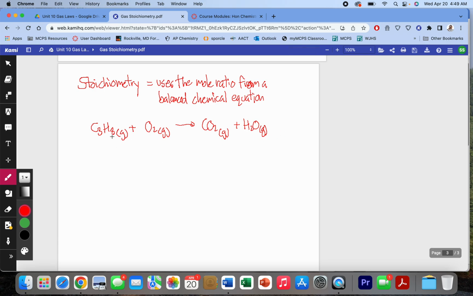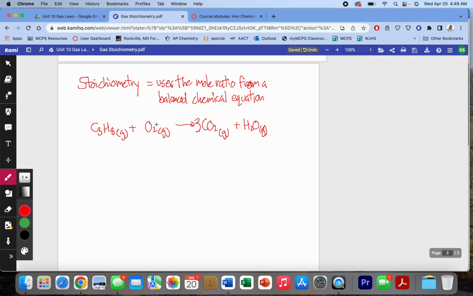This is not balanced, and so our first step, as always, would be to make sure that we have a balanced equation. In this case, you balance hydrogen and carbon, and then balance oxygen last. So 3 carbons on each side, right?